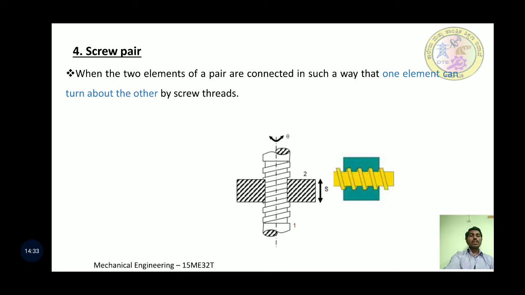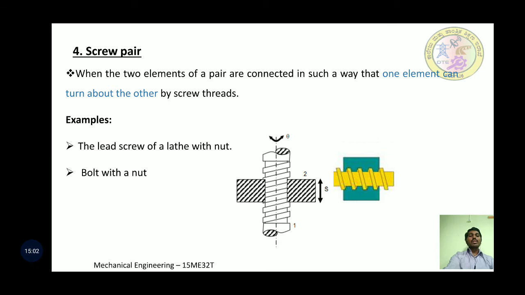Example, the figure shows a screw thread: lead screw of a lathe with nut, bolt with a nut. What is a lead screw? Lead screw is a screw used as a linkage in a machine to translate turning motion into a linear motion.